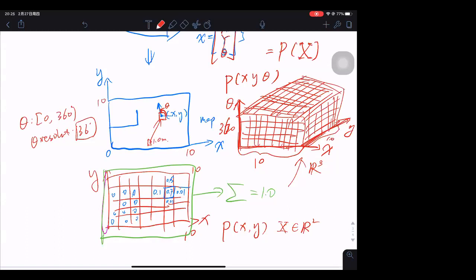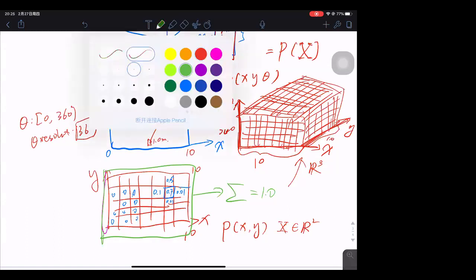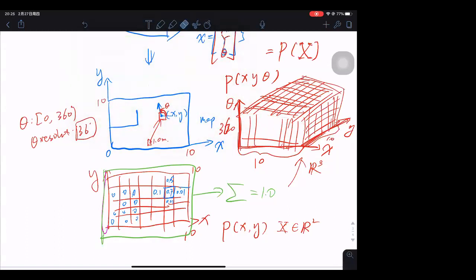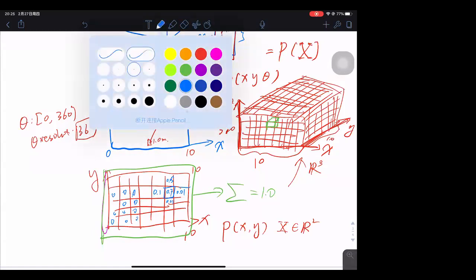Then you take out any of these cells, and you write a small number there.